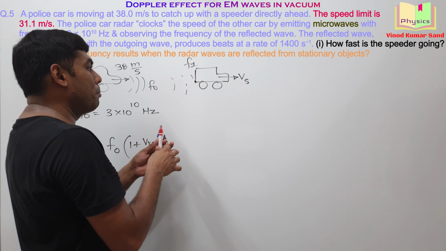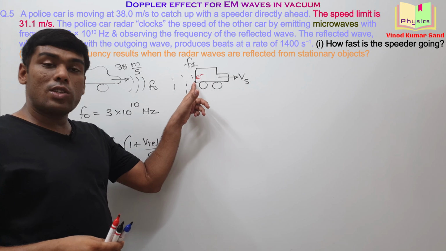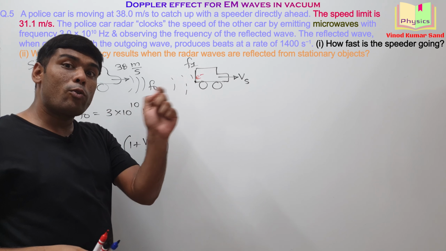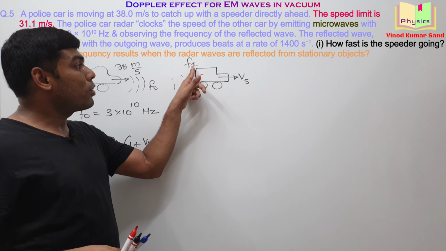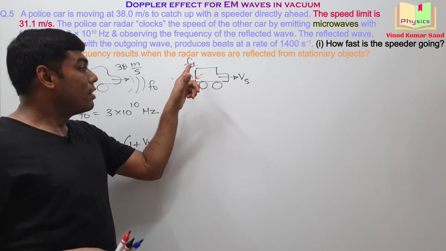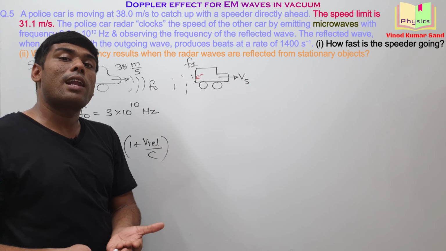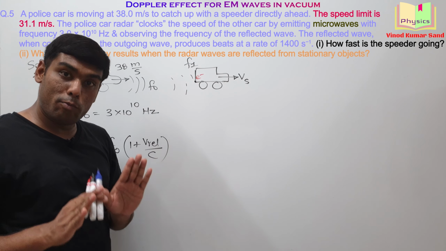Electrons in the metal body will absorb these electromagnetic waves and will vibrate at the same frequency. Whatever frequency they receive, with the same frequency they will vibrate, and then they will emit electromagnetic waves of the same frequency.